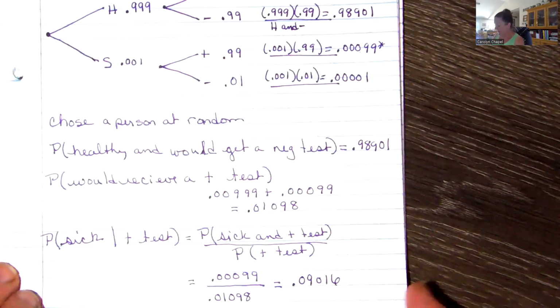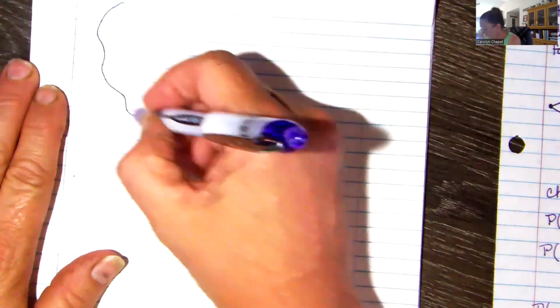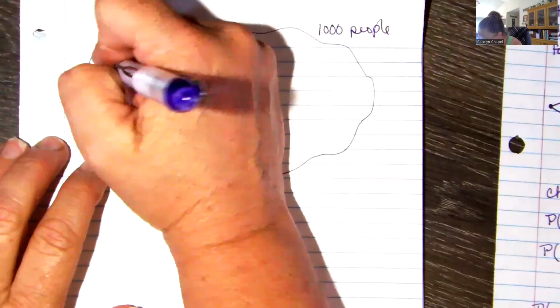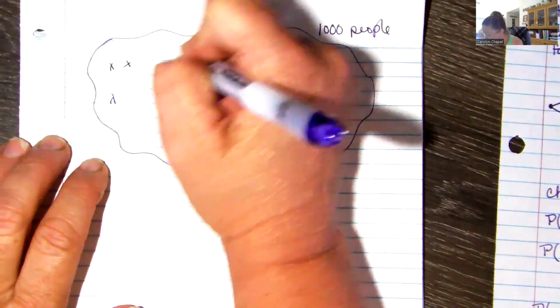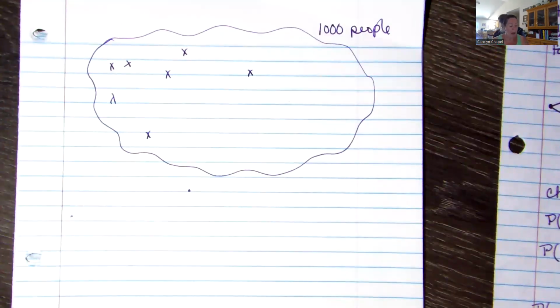Okay, so I'm going to draw a picture to help explain what's going on. So let's imagine that we have a group of people, and let's just make the numbers easy. Let's say we have 1,000 people. I'm not going to draw 1,000 little X's to represent our people.